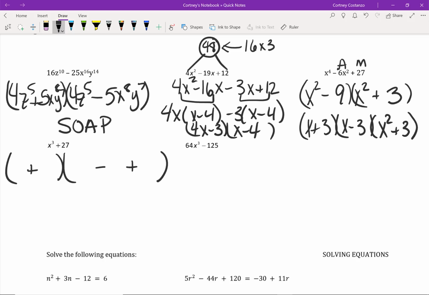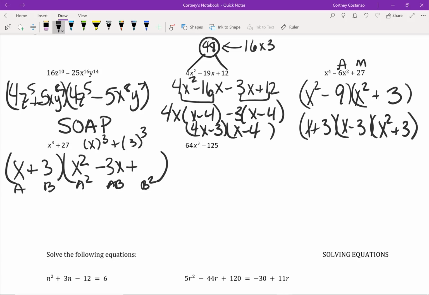And then we kind of consider this to be something cubed, so we could write this as x cubed plus 3 cubed. So that becomes our a and our b. So the setup is a, b, a squared, a times b, and then b squared. So if a is x and b is 3, then a squared is x squared. A times b is x times 3, and then b squared would be 9.